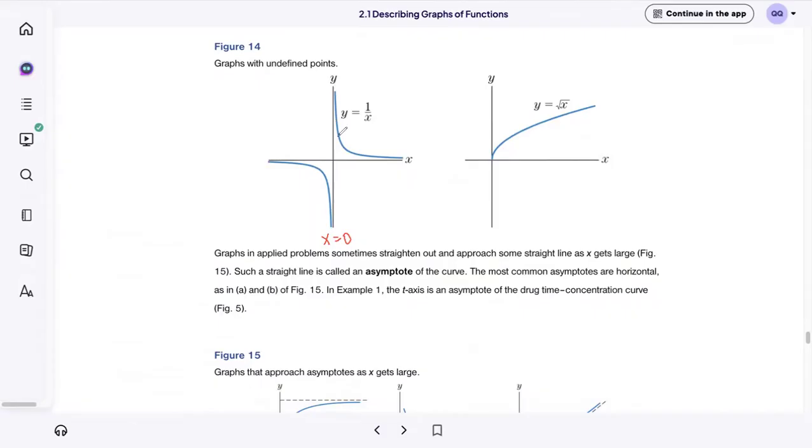It is not an asymptote, right? Because x can never be 0. So what happens when x approaches 0 from the left-hand side? The function value goes to negative infinity. On the right-hand side, it goes up to positive infinity. But for this function, x cannot be negative, so x does not go to the left-hand side.